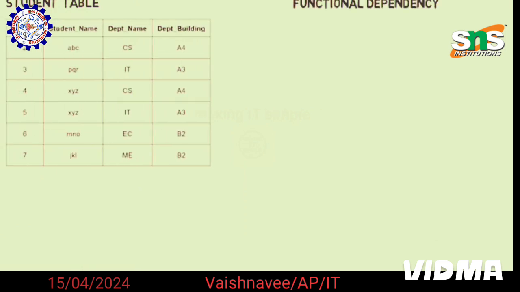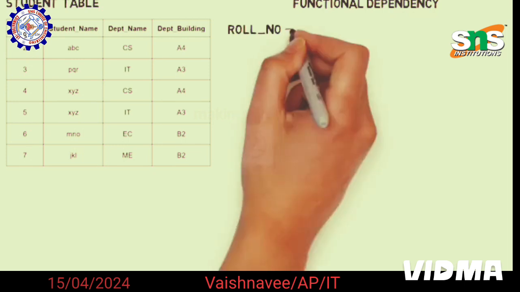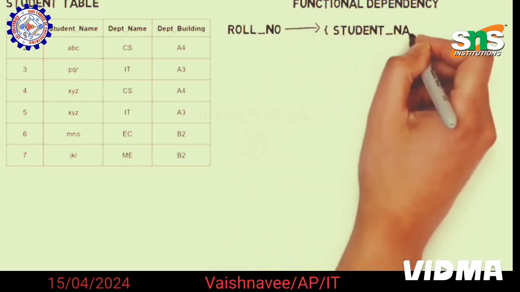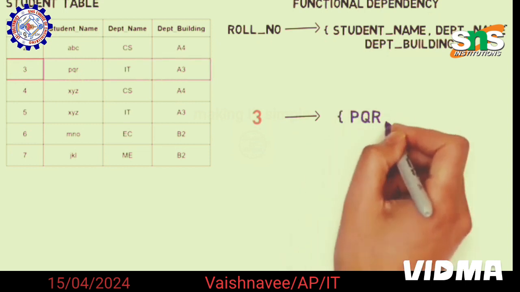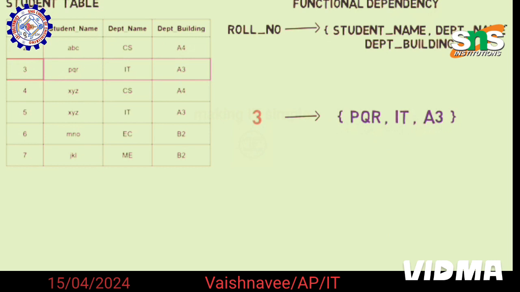Now let's see an example for better understanding. Consider the relation student table. Based on this relation, let us check whether the functional dependencies are valid or invalid. For the first one, let us consider the functional dependency: roll number determines student name, department name, and department building. As roll number is a unique value for each student, by using roll number we can definitely identify the student name, department name, and department building.